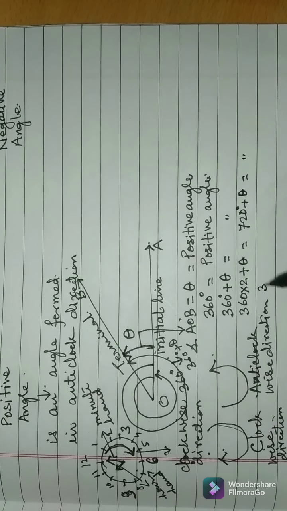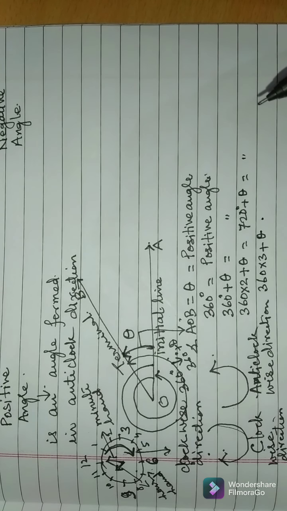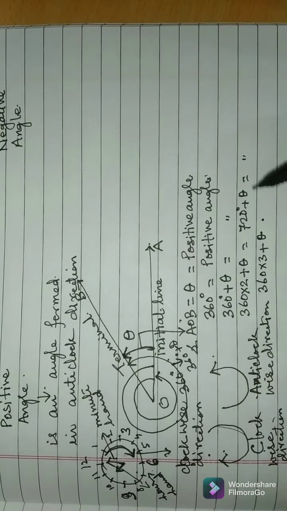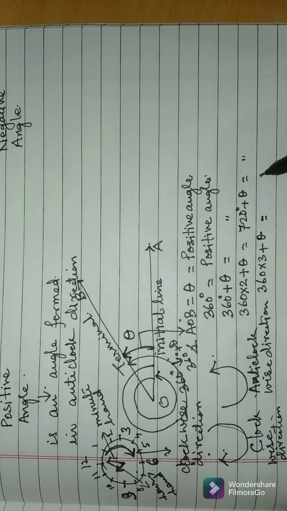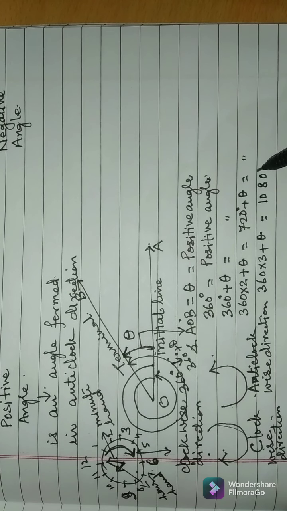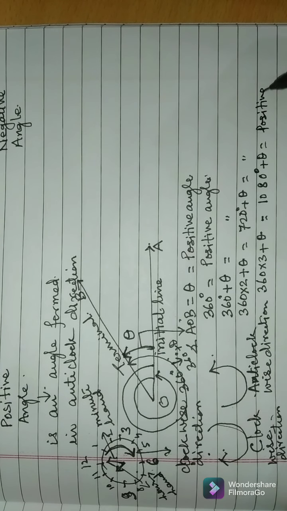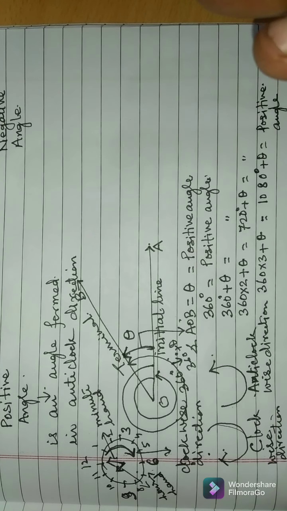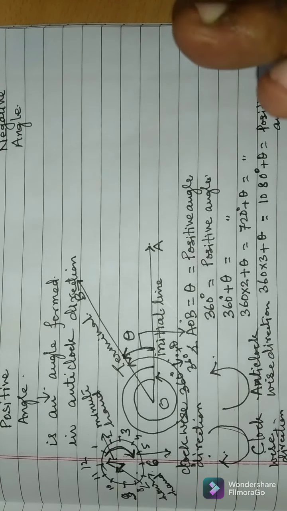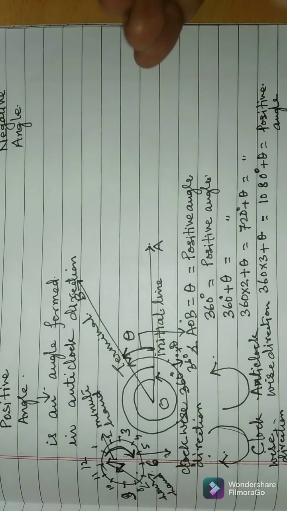Similarly, if the rotation is 3 times, 360 multiplied by 3 plus theta, where theta is suppose an acute angle, it is 1080 degree plus theta. So this is also a positive angle, because all angles are formed in the anti-clockwise direction, therefore they are positive angles.